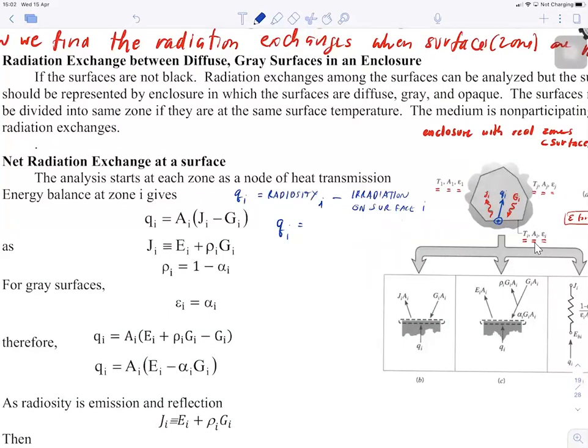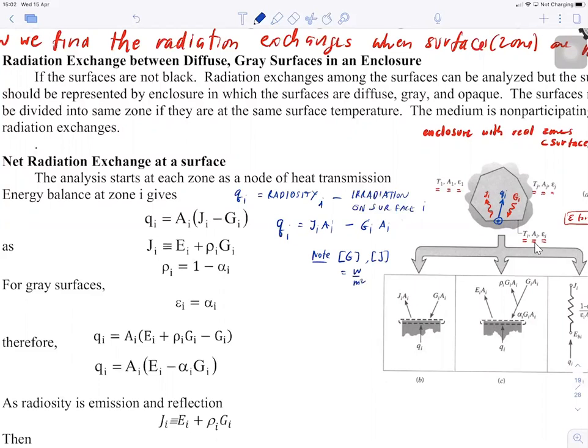Radiosity I would be Ji AI, minus the radiation on the surface I, which would be Gi AI. Reminding you that the unit of G and the unit of J is going to be watt per meter square.